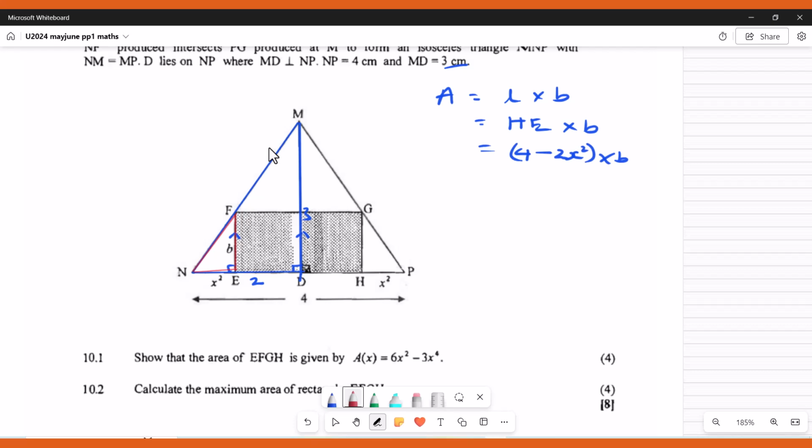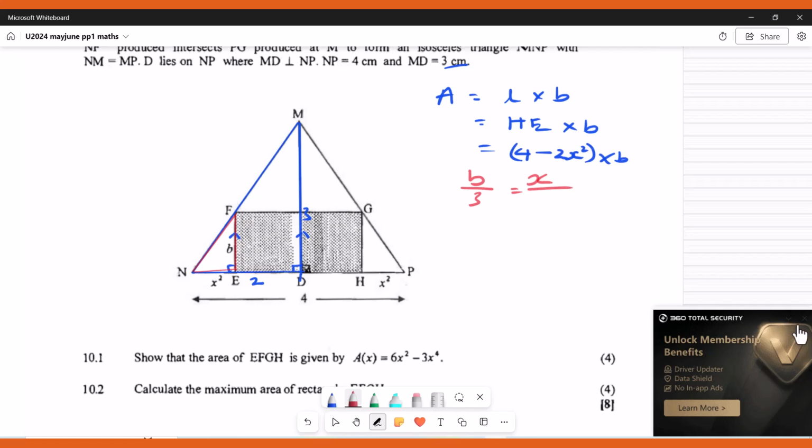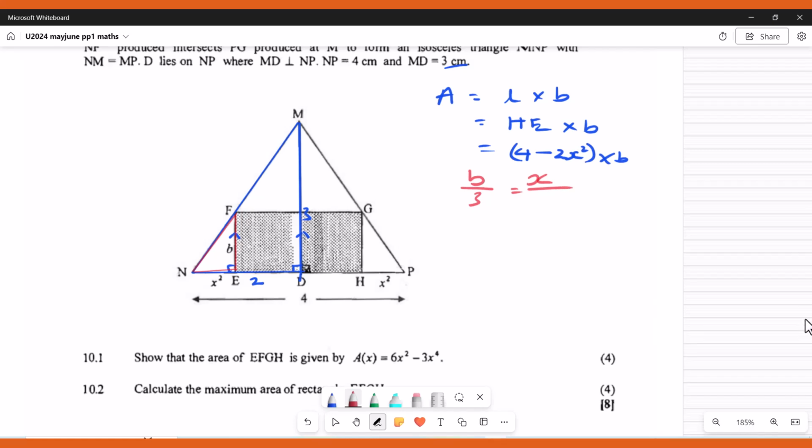B divided by 3, which is MN, equals x squared divided by from N to D, which is 2. So in this case, my B equals x squared times 3 over 2.